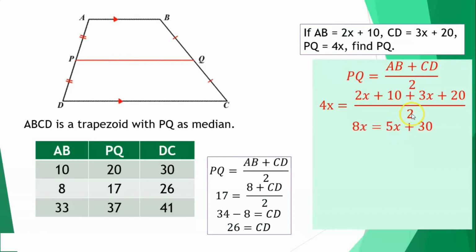Now, simplifying, 2 times 4x, that's 8x, and 2x plus 3x, it's 5x, and 10 plus 20, that would be 30. Transferring 5x to the other side, that would become 3x. Dividing both sides by 3, our x would become 10. So to solve for PQ, that would simply be 4 times 10, or that is 40. So take note of that.